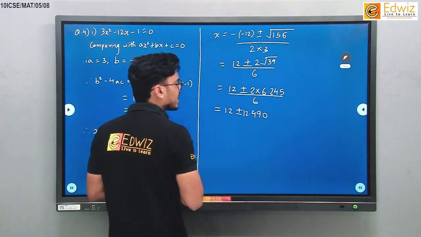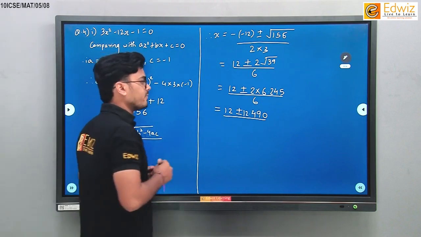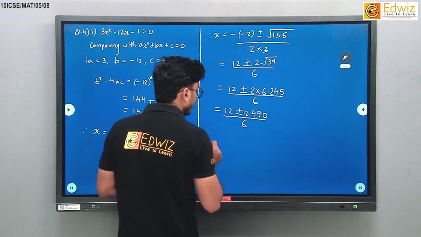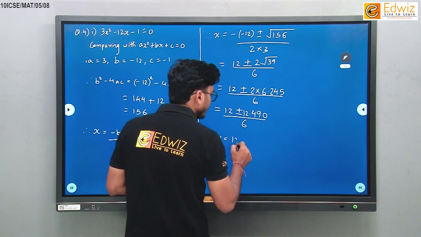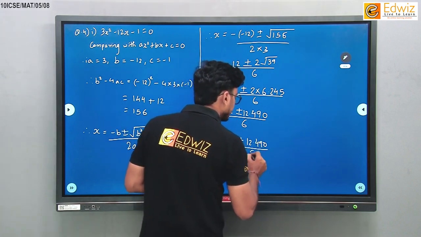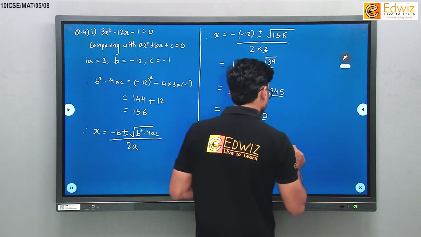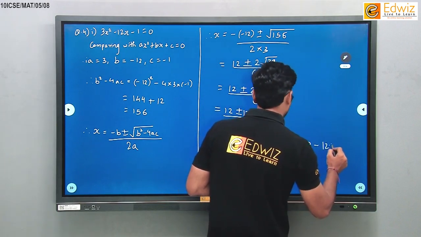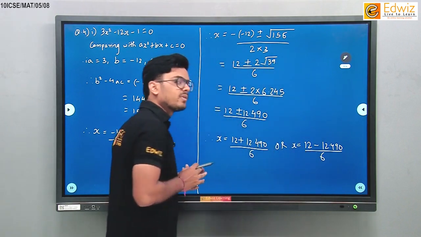Okay, 12.49 is the value of 2 multiplied by 6.245. Now let us calculate what we need to calculate. Okay, first step, find out 12 plus 12.490 divided by 6. This is one of the values of x, or x is equal to 12 minus 12.490 divided by 6, second value of x.